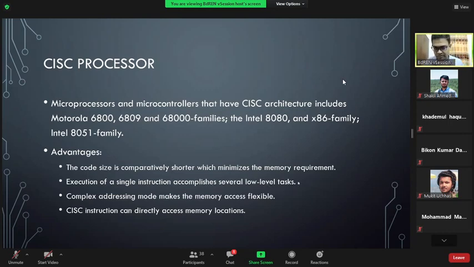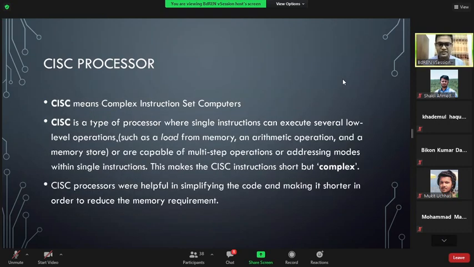Okay. Previously, I said that CISC is a type of processor where a single instruction can execute several low-level operations. That means whenever you write code for a CISC processor, that code is actually a combination of several other instructions.